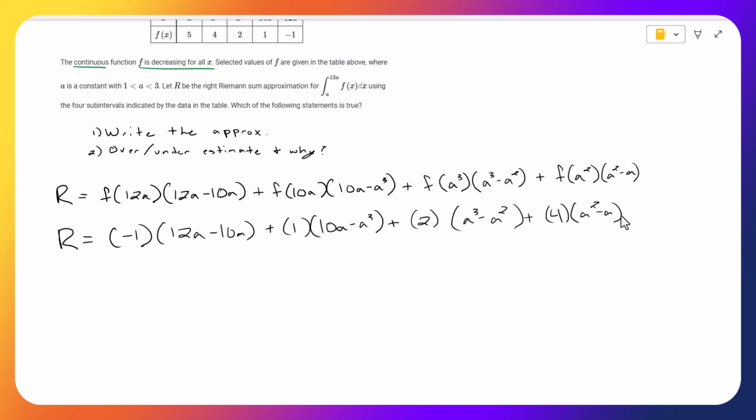And what we should have gotten is that this is an underestimate because f is decreasing.